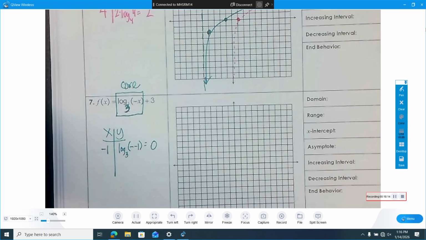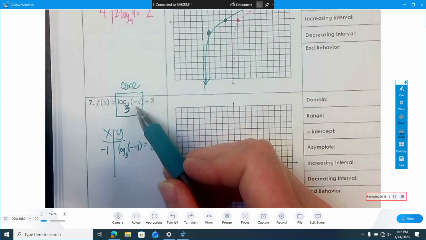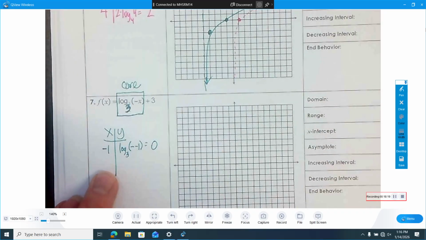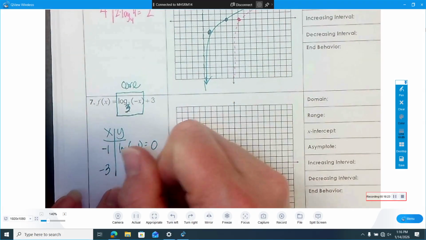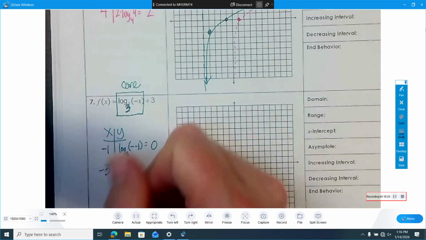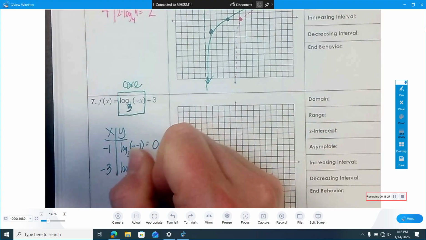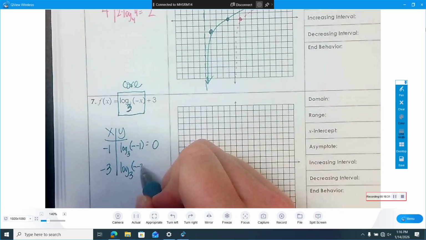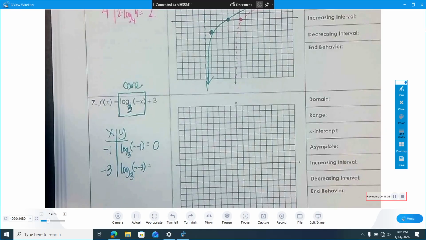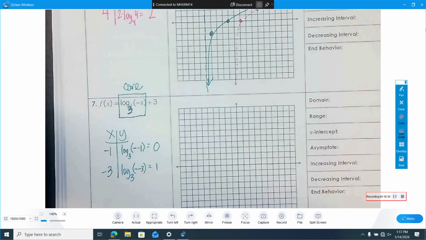Okay, so you have to use an opposite x value. What am I going to use for my second value? -3. Very good. It's telling me to use the opposite x value. So this becomes log base 3 of the opposite of -3. And the opposite of -3 is +3, which does give us our +1.